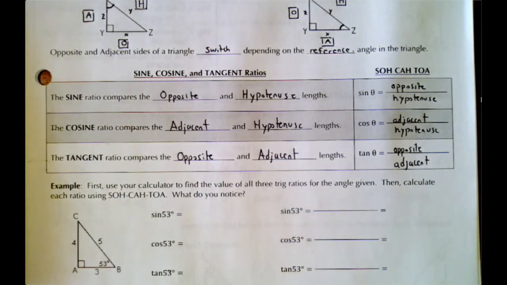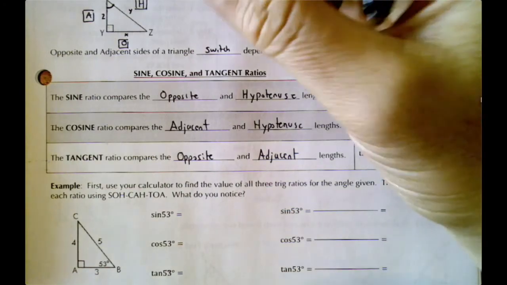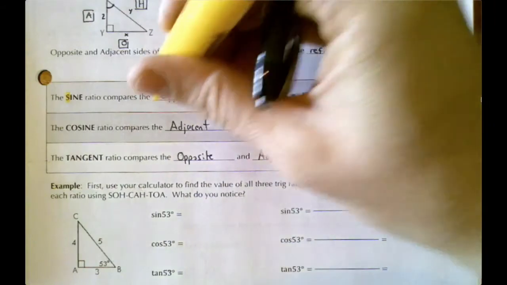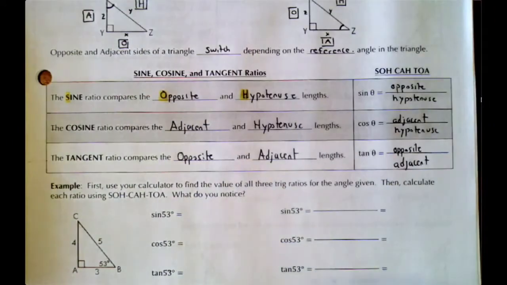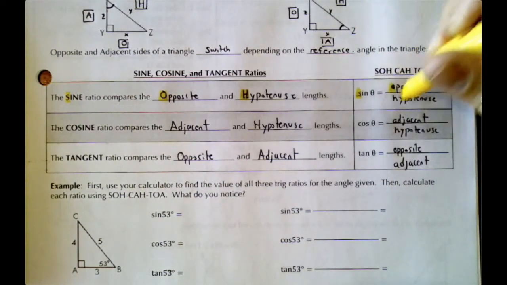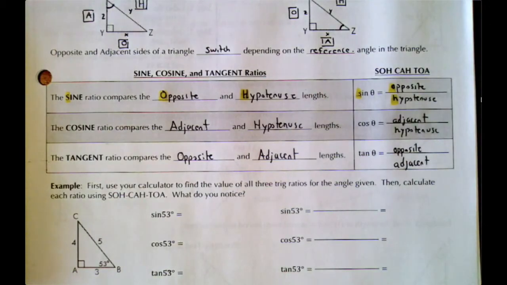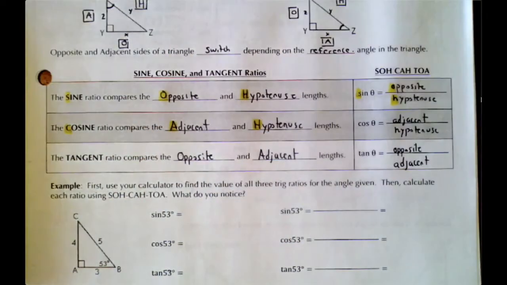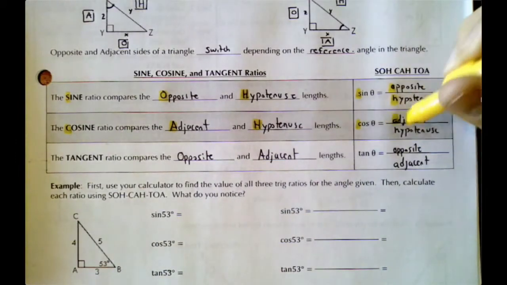SOHCAHTOA. Where does that come from? Well, here's where it comes from. The sine ratio, S, compares the opposite and the hypotenuse, SOH. The cosine ratio compares the adjacent and the hypotenuse, CAH.